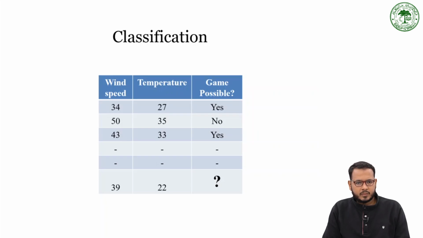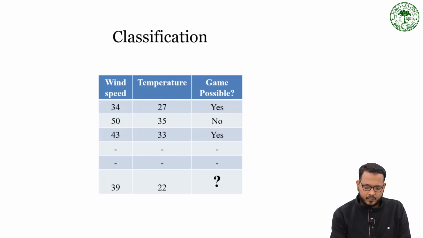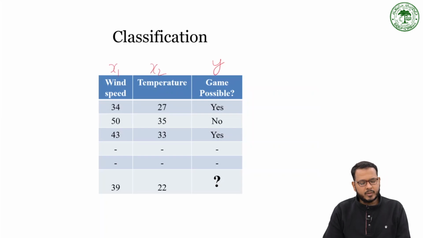Let's start with the typical classification scenario. Here we have two independent variables and one dependent variable. It is classification because as an outcome, there are only two possible outcomes.